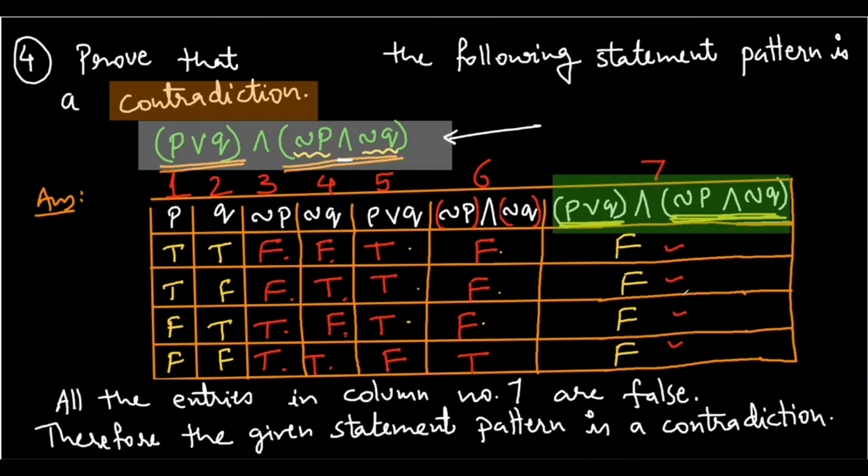In case of contingency, in the last column where you have the truth value of the statement pattern, you will neither have all true nor all false. You will not have all T, you will not have all F. It will be a mix of T and F. If you have a mix of T and F, then you will call it a contingency.